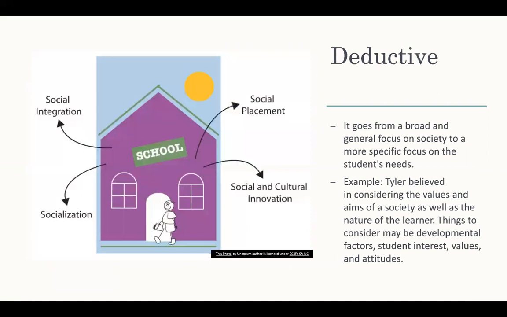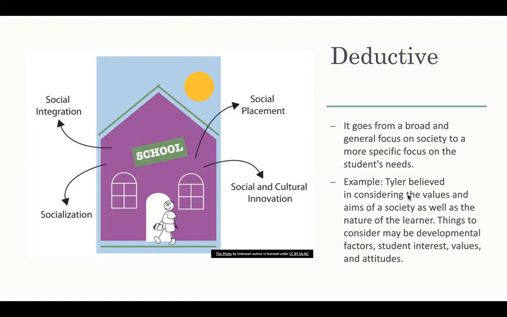Okay. It is deductive. It goes from a broad and general focus on society to a more specific focus on the student's needs. That means that he believes in looking at society's goals as a community and students' needs as individuals, and combining that in order to make a curriculum that is specific to certain students, but also to the society's overall goal as well.